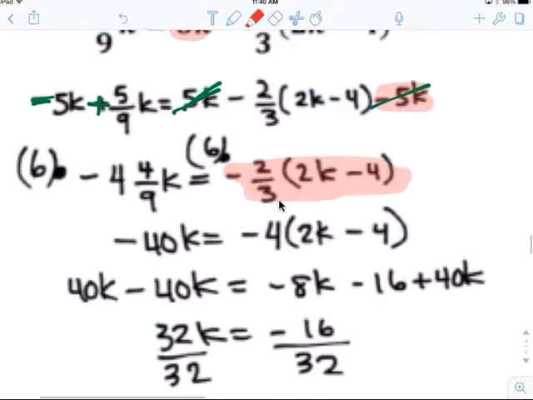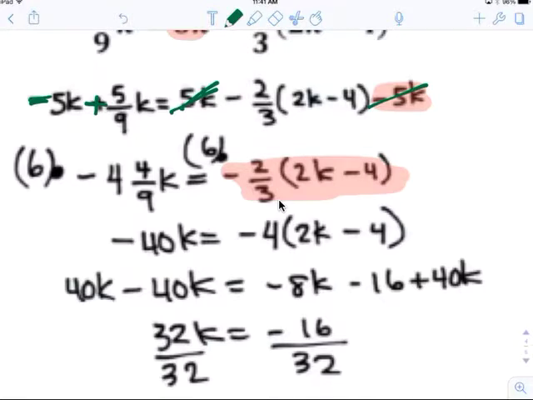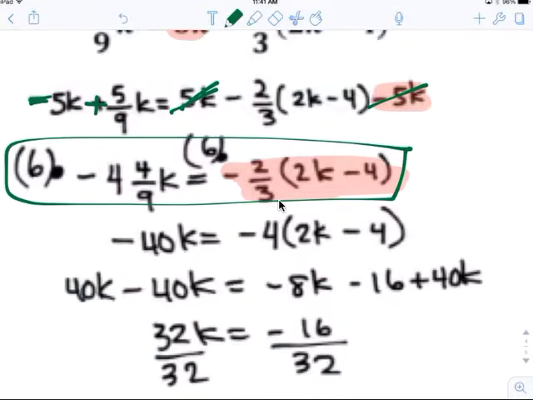And then they times it by the least common denominator, right? You want to get rid of the fraction. Times it by 6. No, the least common denominator is 9. So that's a mistake there.